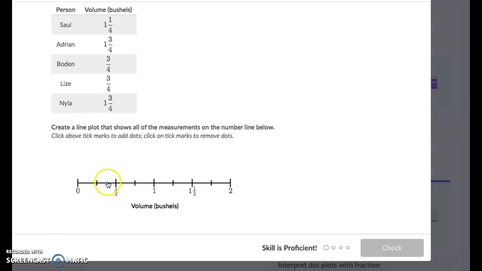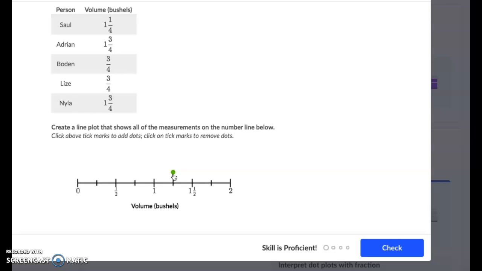This is 1 out of 4. This would be 2 out of 4, and we should know that 2/4 is the same as 1/2. And this would be 3 out of 4, and this would be 4 out of 4, which is the same as 1. So now I know that each hashtag counts as 1/4. That should help me. So 1 1/4 is going to be right here.